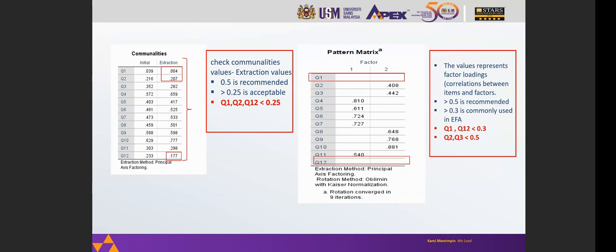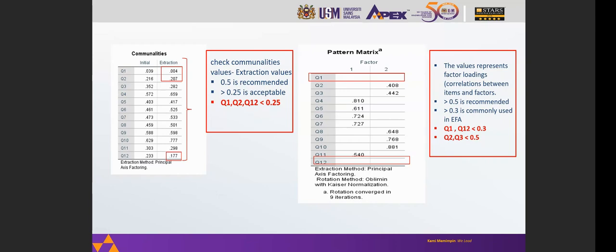So we have to remove one of the items. Remember, you cannot remove 2 or 3 altogether. You have to remove the items one by one, and after you remove an item, you have to repeat the steps again. So first, which item do we decide to remove?